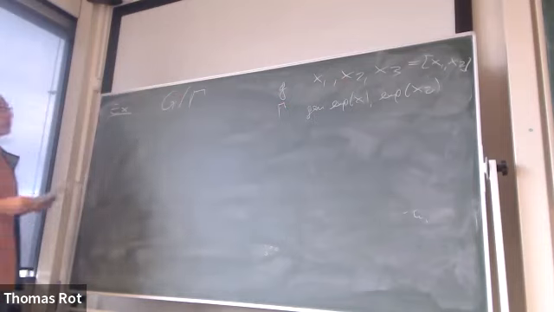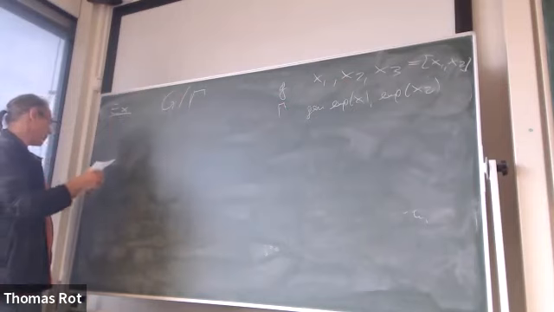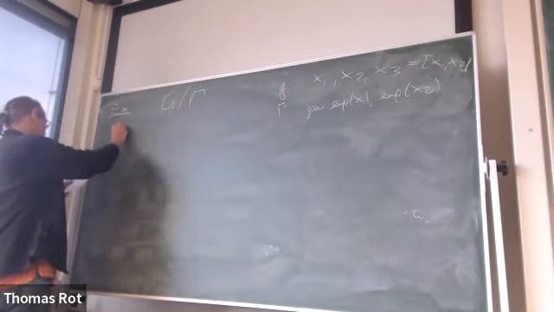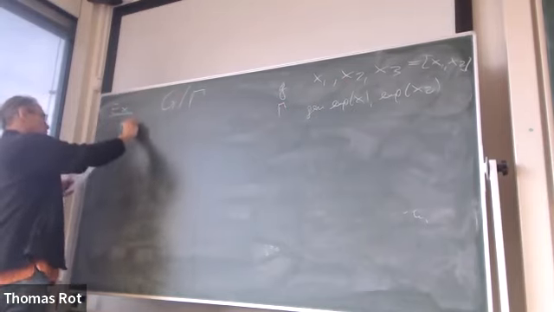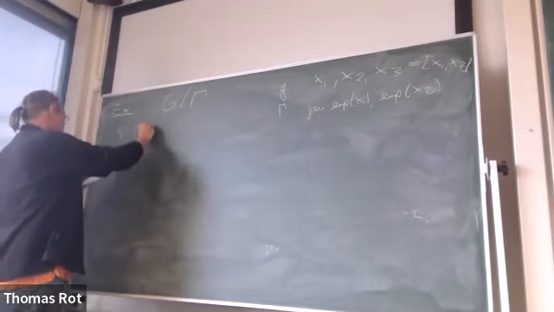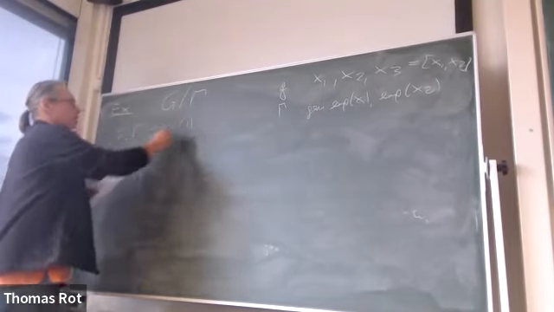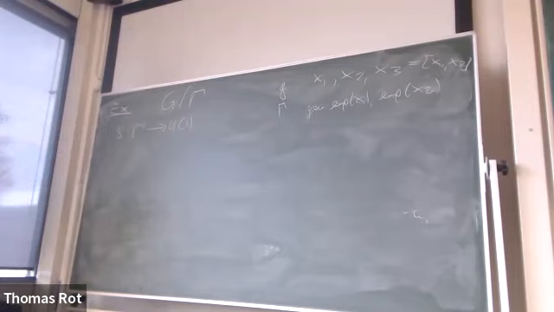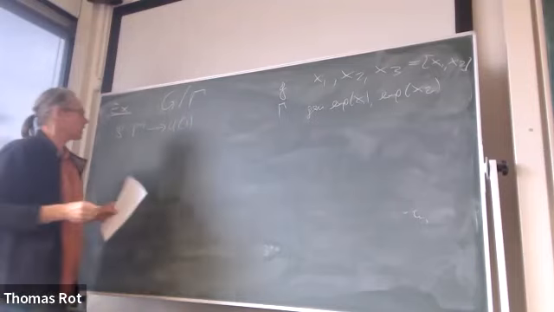We want a flat vector bundle to twist with, and for this we take a representation of the lattice. For simplicity we take a one-dimensional unitary representation that will be specified by two numbers.